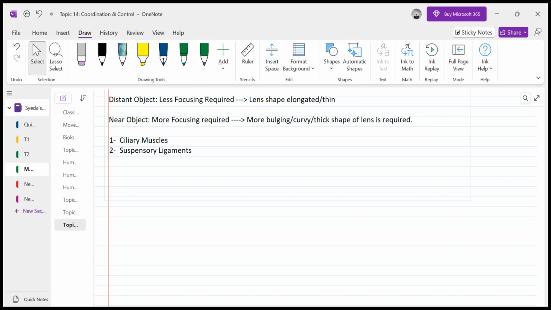Now suspensory ligaments are just like strings, okay, they are not muscles. And ciliary muscles are muscles, meaning they can contract and relax. But suspensory ligaments are like strings, okay.